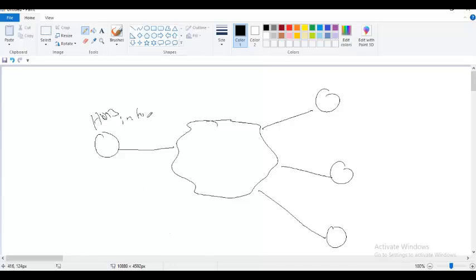Interface tunnel 0 with this one, interface tunnel 1 with this one, interface tunnel 2 with this one. I'll call this as spoke 1, spoke 2, spoke 3. Are you listening?